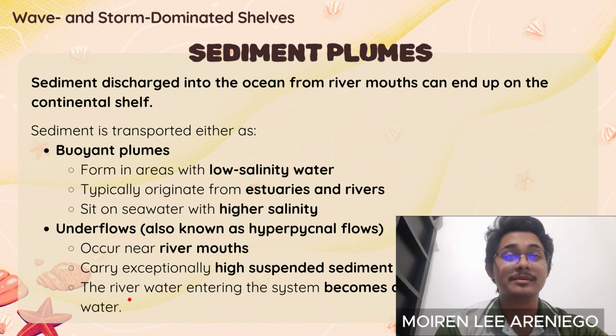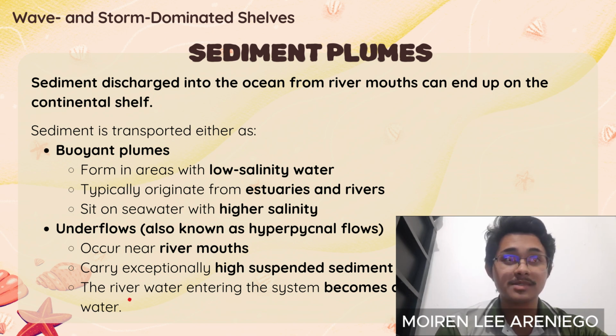What do you mean by buoyant? First, we're going to discuss the buoyant plumes. Usually, buoyant plumes or hypopycnal flows form in areas with low salinity water, originating from estuaries and rivers, and sit on the seawater with the higher salinity.